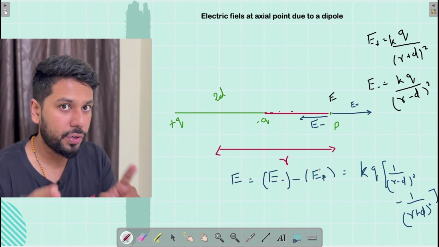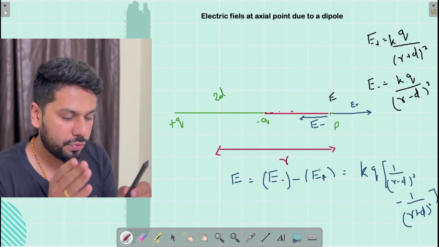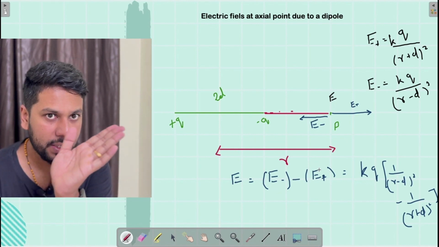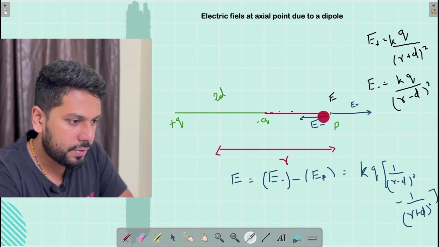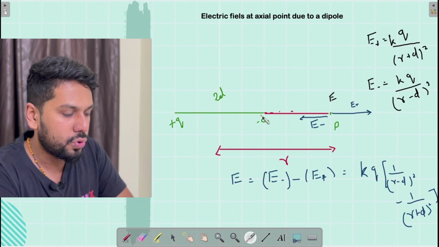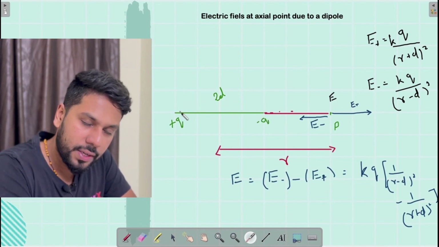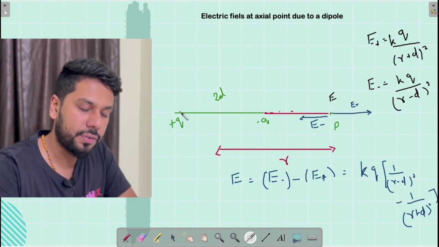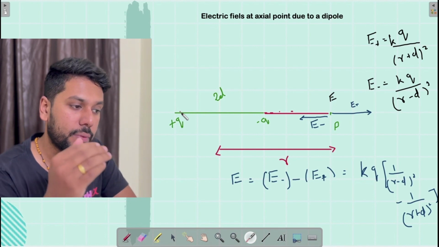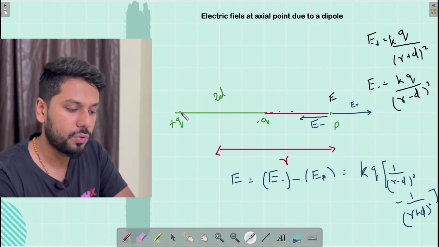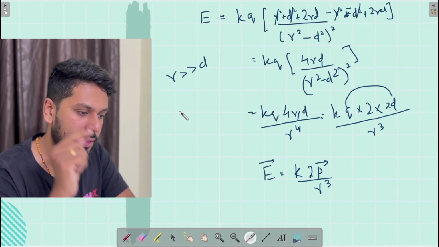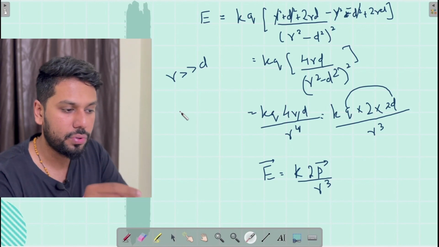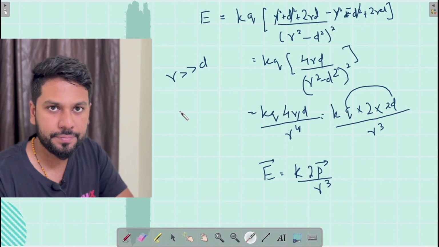So the direction of negative charge is in this way, so dipole is also in this direction. So when electric field of negative is bigger and dipole moment is in the same direction, that is the reason why the electric field's direction is same as the dipole's direction.